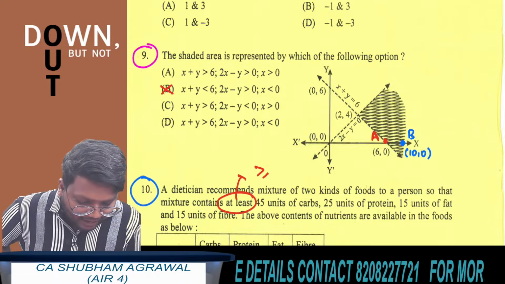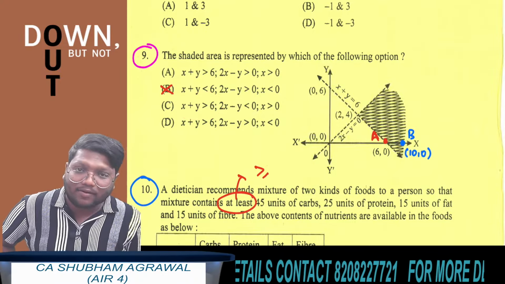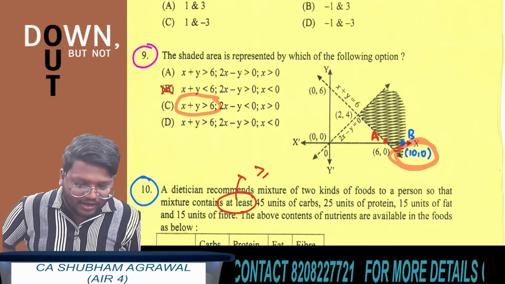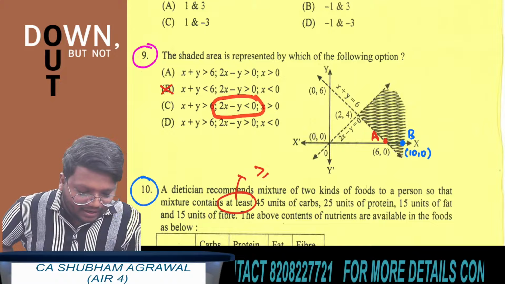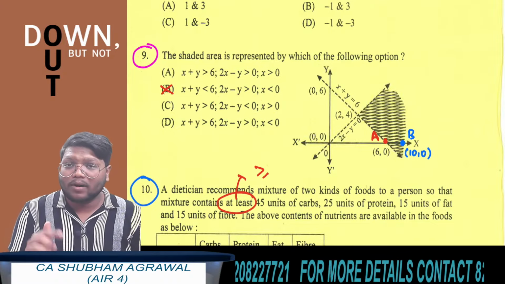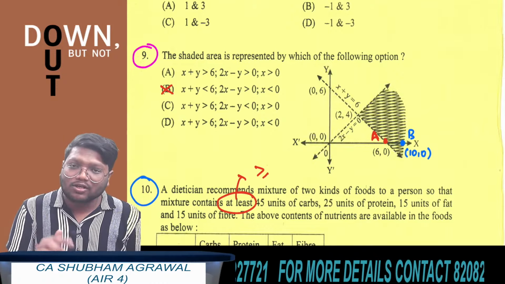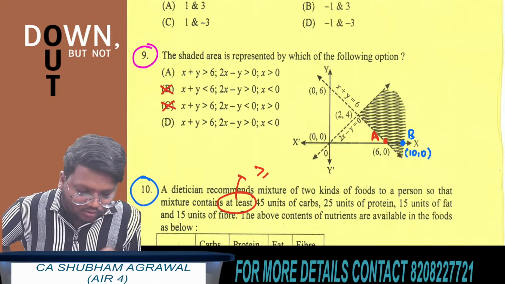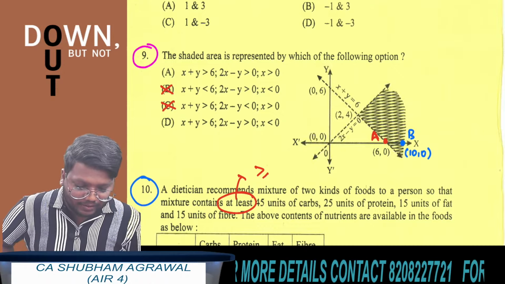Now check option C. x plus y greater than 6 satisfies the inequality if you put x as 10 and y as 0. 2x minus y less than 0. If you put the value of x as 10, 2 multiplied by 10 is 20. 20 minus 0 is 20, and 20 is not less than 0, it is greater than 0. Option C is also incorrect.